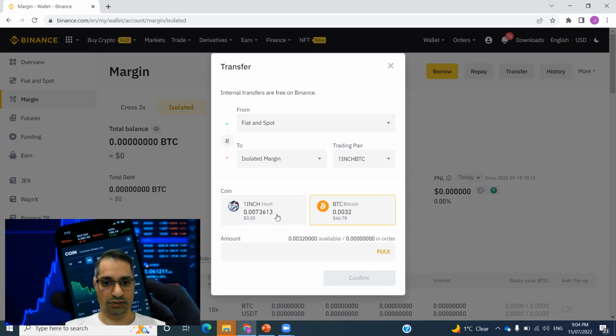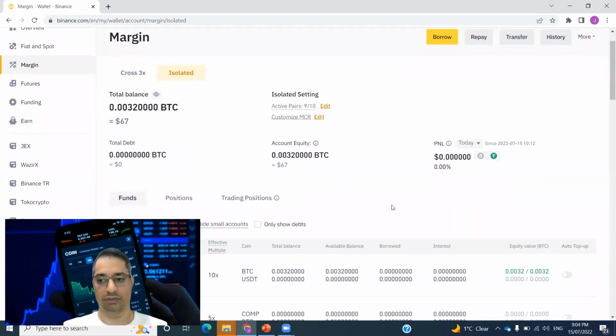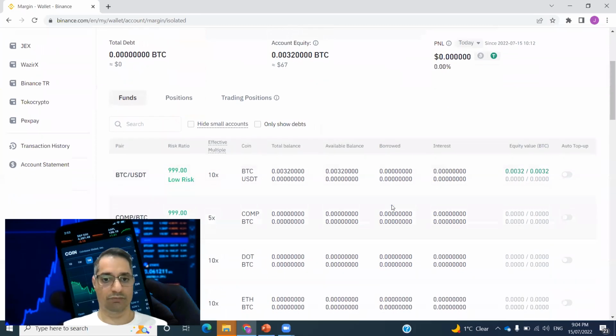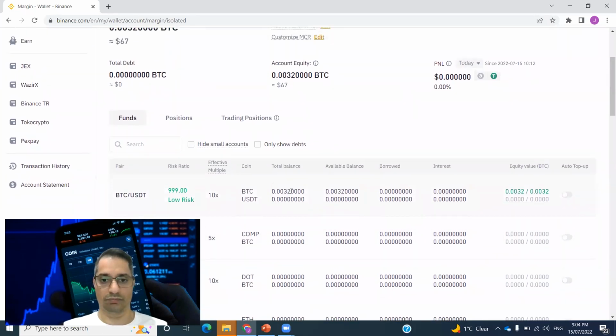So I say isolated, BTC USDT, and then I select Bitcoin, I say max, and then confirm. So I'm transferring my Bitcoin from the spot market into the isolated margin trading wallet. So I have now some balance here.